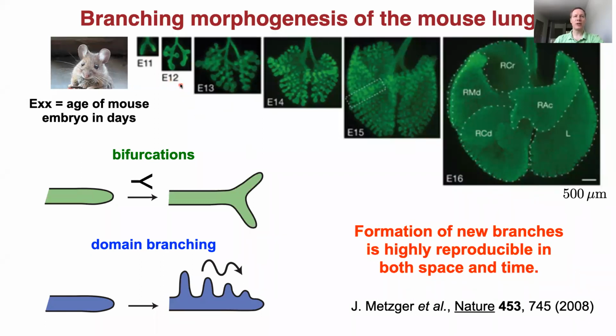If you look at the 12 day old embryo, it's always going to look like this. The sequence in which these branches occur is very reproducible from one embryo to another, and the relative position of these new branches relative to the whole branch will be very similar from one embryo to another, but maybe the overall size of the lungs may be different.